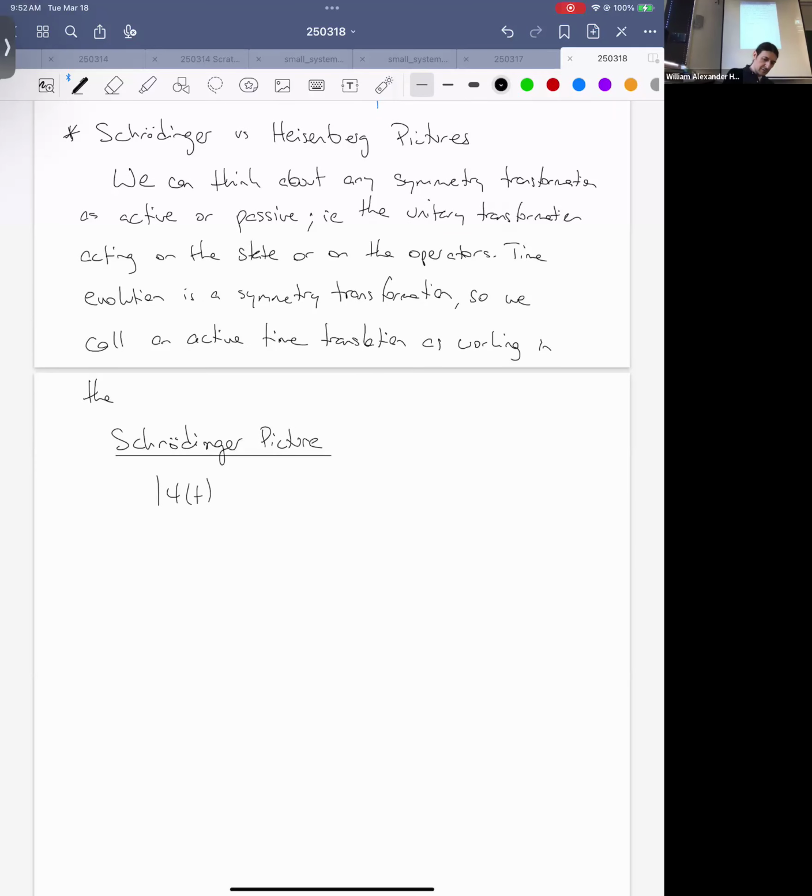So we say that psi as a function of t in the Schrödinger picture is the time evolution operator acting on the state at the initial time, again, in the Schrödinger picture. And if we have some operator that has no explicit time dependence, which is in the Schrödinger picture, then this operator at some later time is exactly the same operator at the initial time.